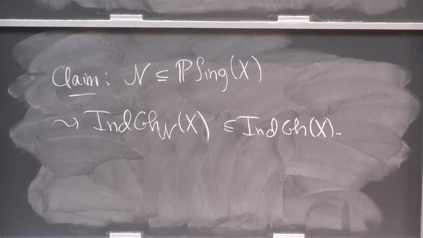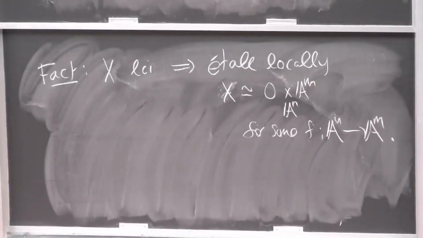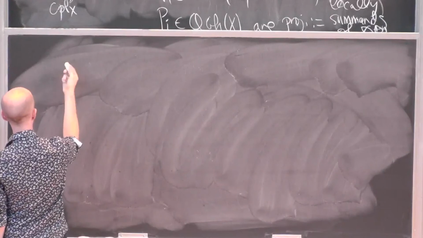But the upshot, the summary, is that this works in the LCI case and not just in the global complete intersection case. Global complete intersection is when you're essentially of this form, a fiber product of smooth terms. So the construction is the following.